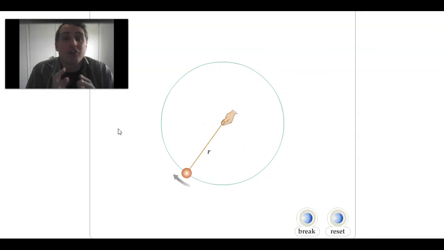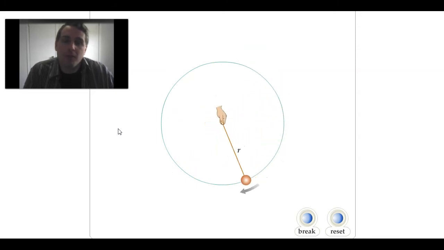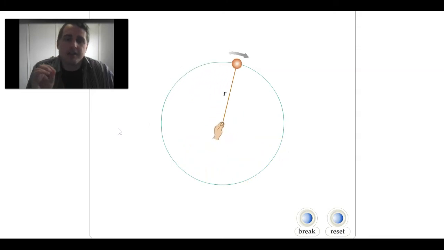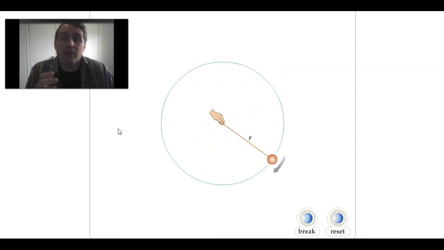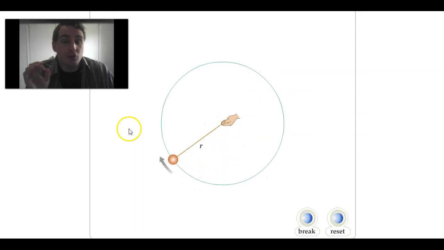That's going to be a tangential force, and that's forces that have been studied earlier in this physics 1 calculus-based course. So as a proof that the centripetal force is not a real force in the sense of it's not a different kind of force, it's just a new way to call the net force.